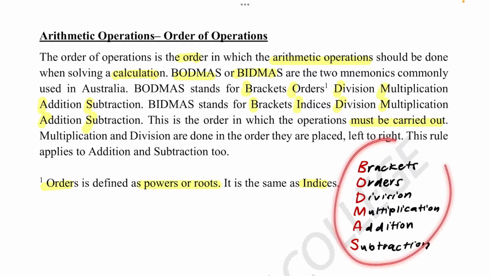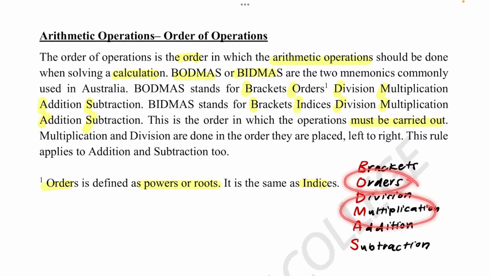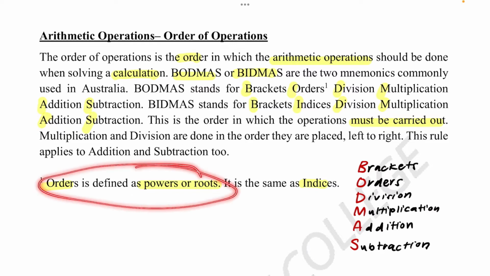So this is the order, and one thing is, memorizing BODMAS is absolutely essential in mathematical equations because this is the rule that you will have to carry out in everything you do that involves more than two of these functions. So, before we start unpacking the acronym, let me first expand on what orders actually means.